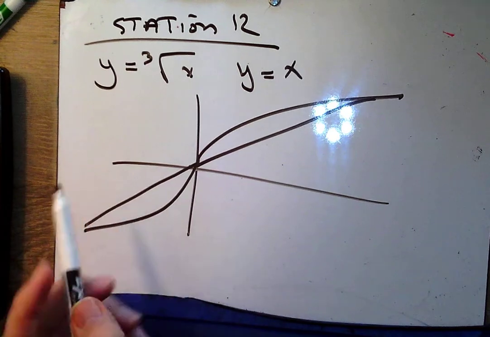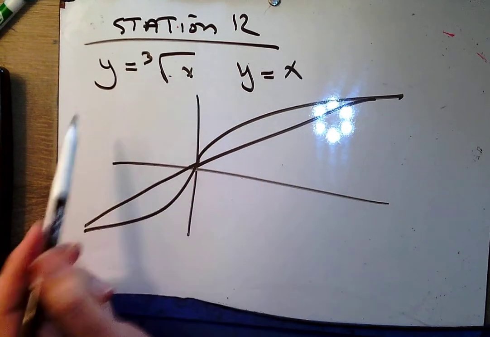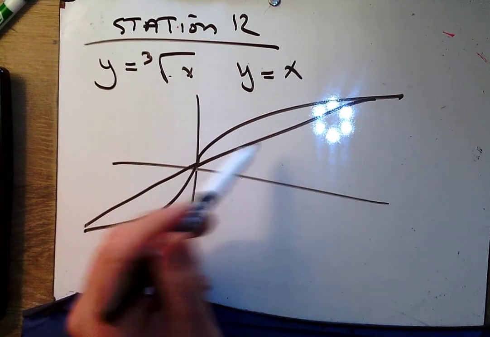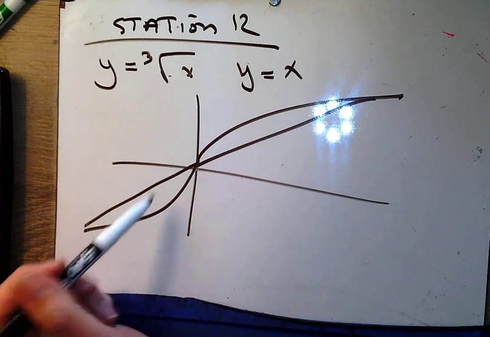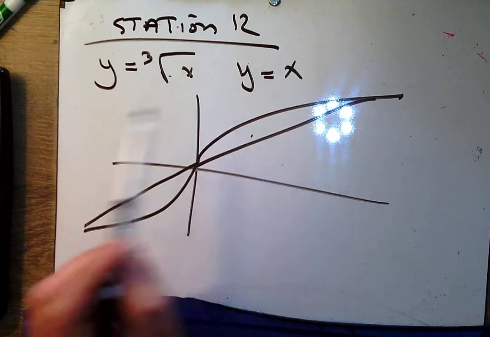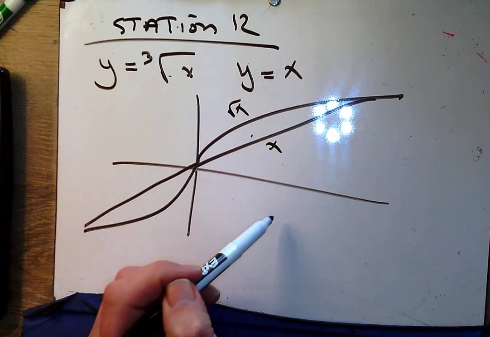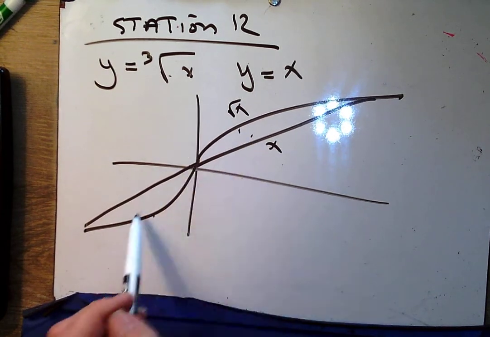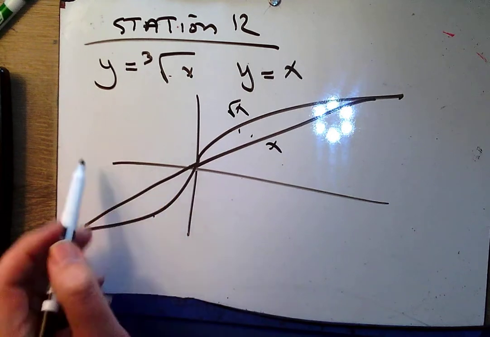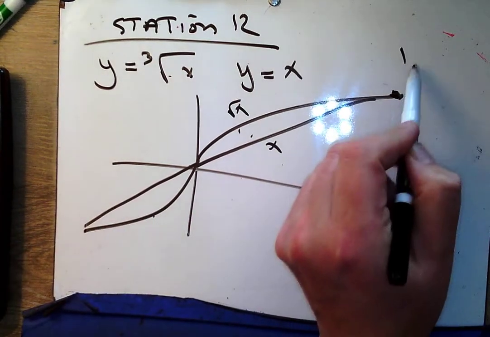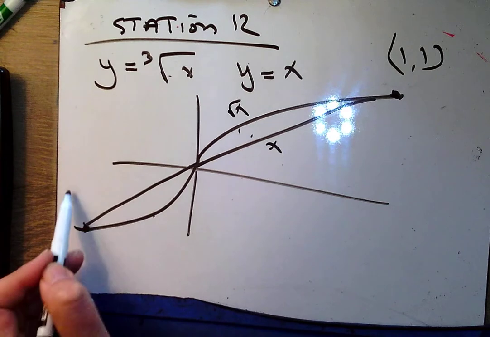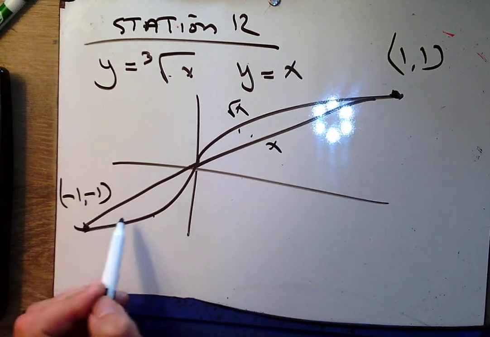Now, I can say because both of these are odd functions, they have origin symmetry. And so if I find that area using top minus bottom, I could just double it to get the total area. We know these points of intersection are 1, 1, and negative 1, negative 1.